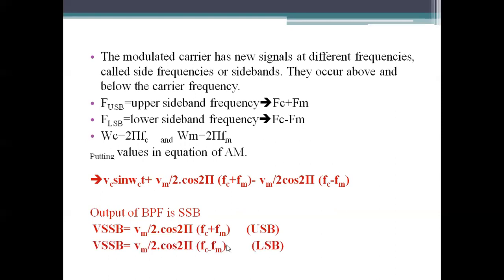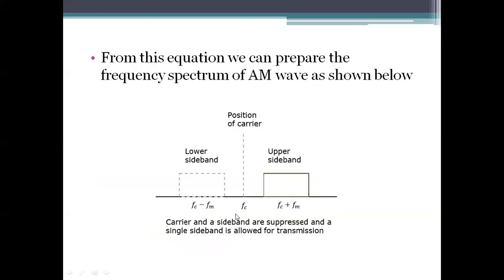So this is the output of SSB, either upper sideband or lower sideband, based on the choice of band pass filter used. Now regarding the spectrum, it consists of the upper sideband or the lower sideband. Here the carrier and the lower sideband portion are suppressed, so we have not indicated them and they are represented by dotted lines, but only the upper sideband is transmitted with a center frequency of fc plus fm. So this is the frequency spectrum for the upper sideband.